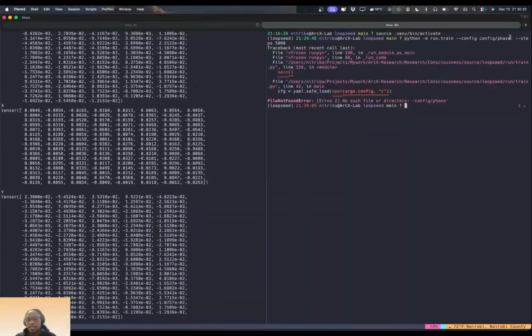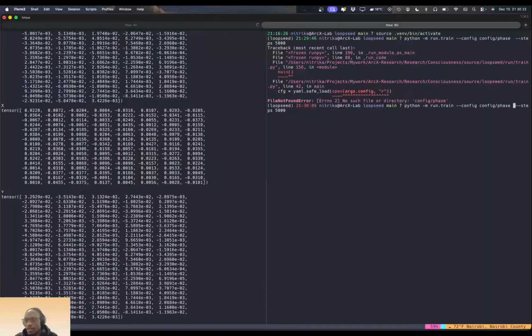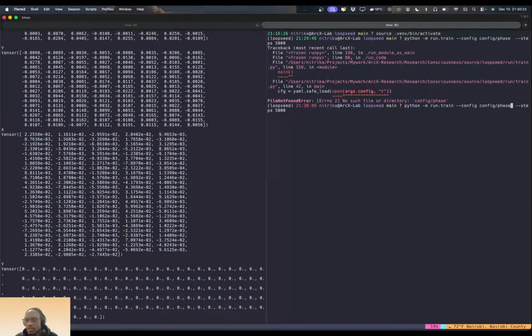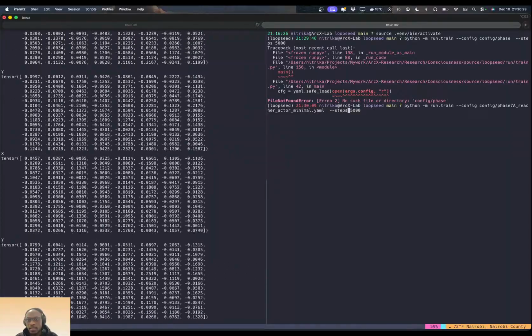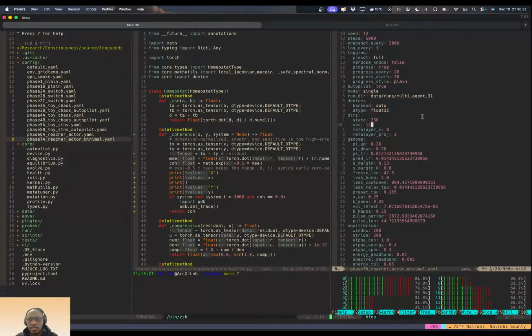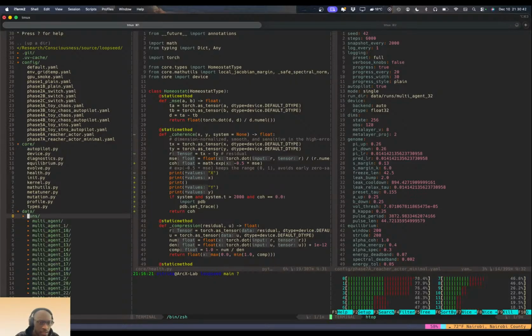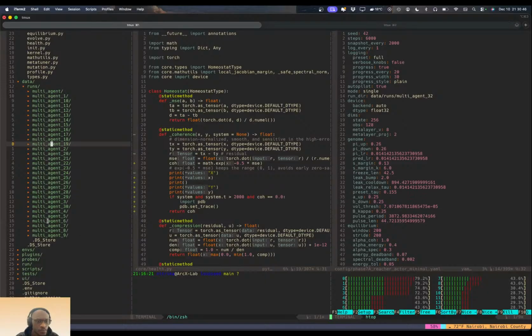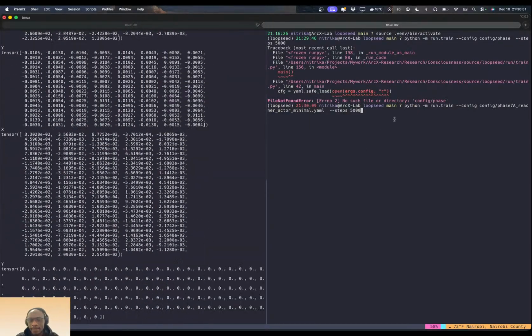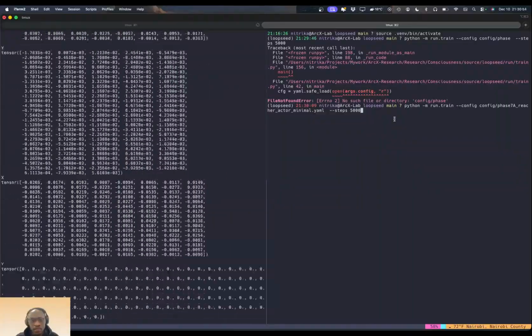Wait a minute. I think I need to do something like 7, and set the directory to be 32, so we don't override what is being done by the toy version. Okay, all right. So we execute these.